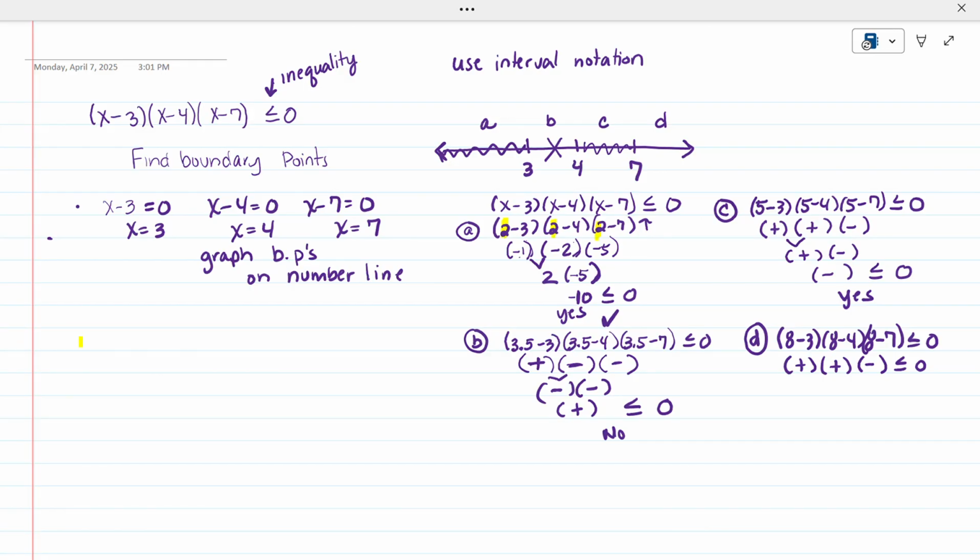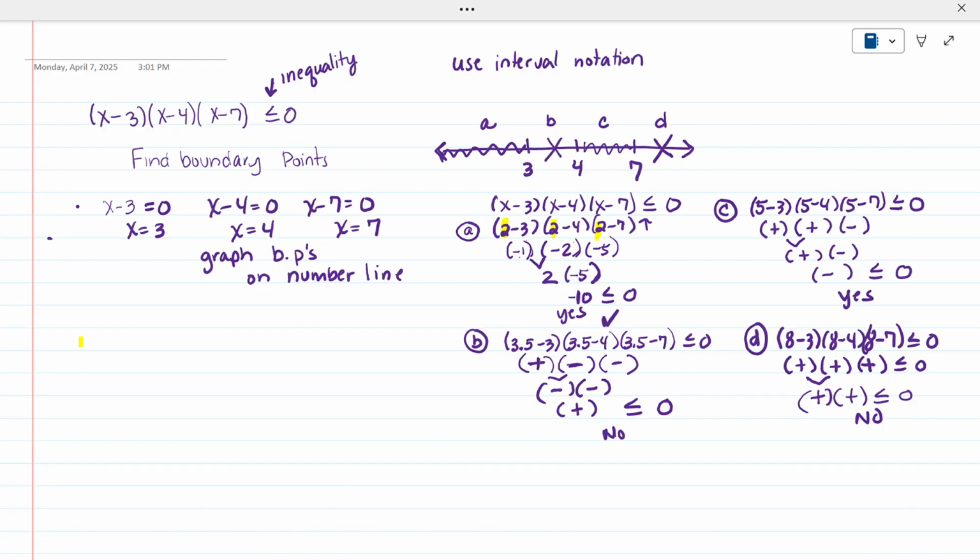Whoops, okay. I almost made a mistake there. You're probably saying, wait a minute, no it's not. 8 minus 7 is a positive. So here I have a positive times a positive times a positive. Is that less than or equal to 0? No. So that region is no. So that's how I knew I had made a little mistake there, is because the regions will always alternate.